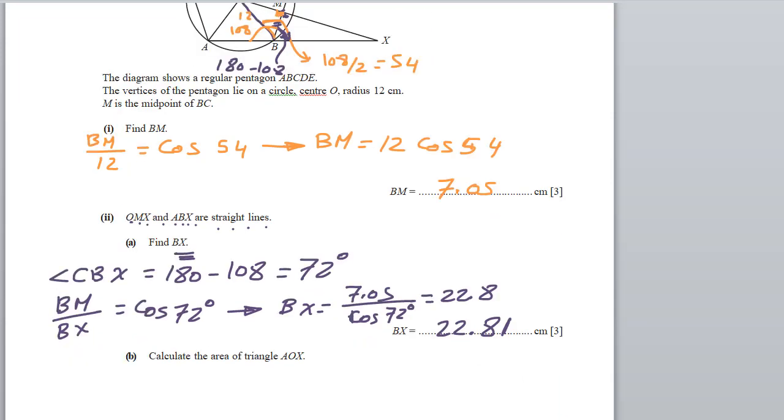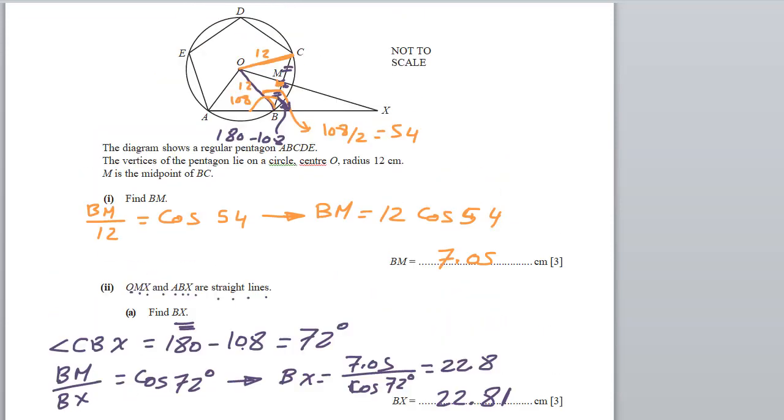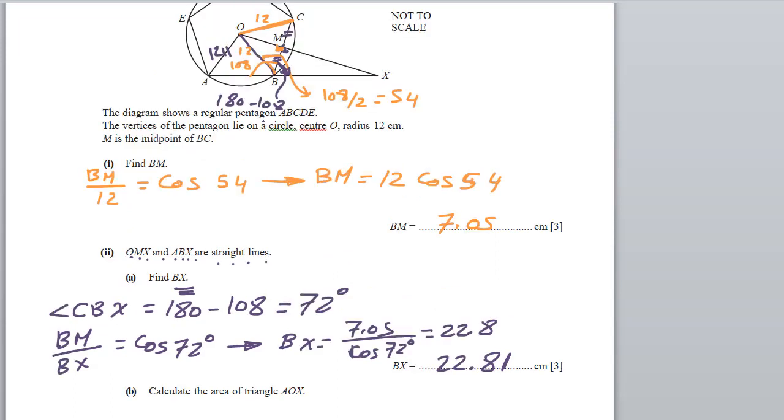Now calculate the area of triangle AOX. We have this line 12, because this is the radius.